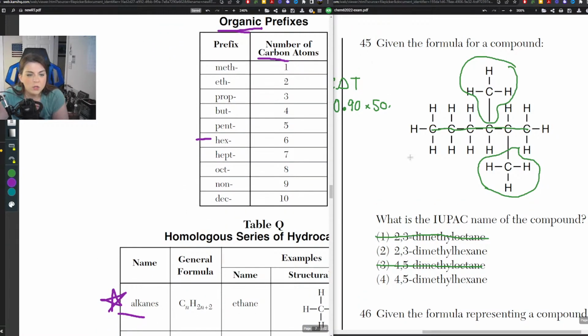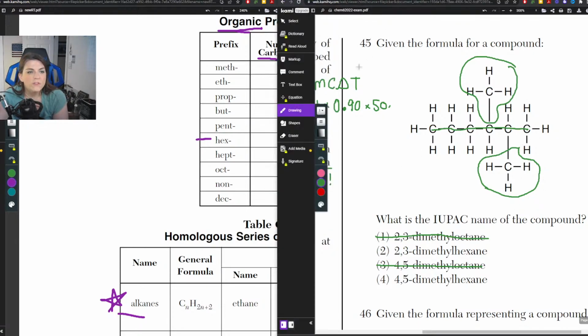And then the question is, is it 2,3-dimethyl or is it 4,5-dimethyl? We want our numbers to be the lowest possible. The way that we figured this out is that we number the molecule both forwards and backwards, because in real life, these molecules are moving around and twisting, and there's no guarantee that you and I are looking at the same side of the molecule.